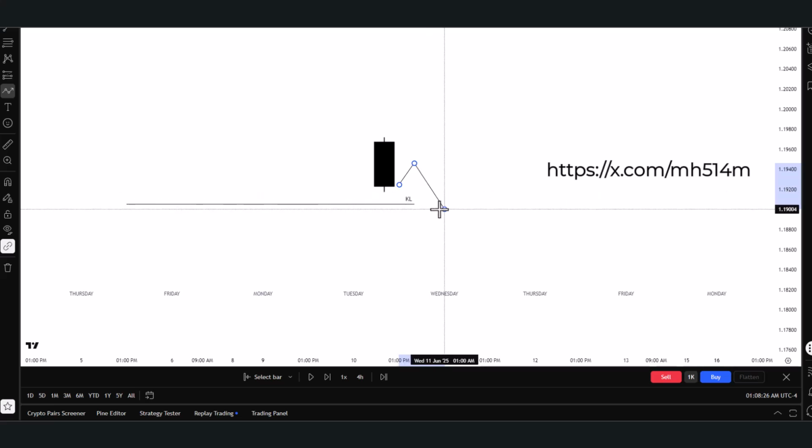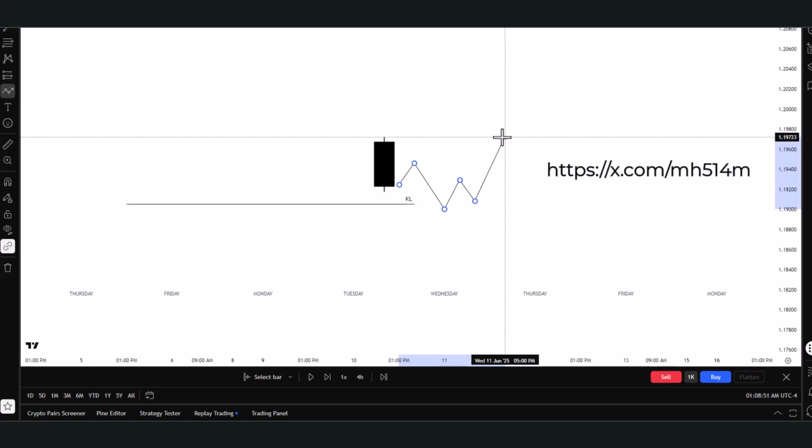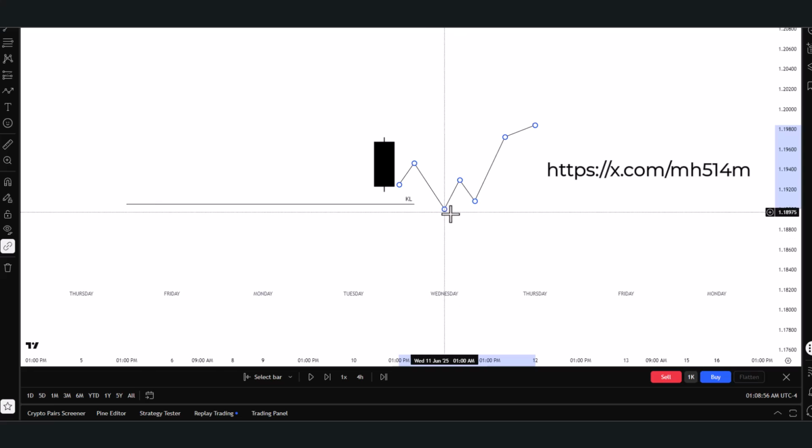Then on M15 it will create a CISD. If a CISD occurred within a kill zone hour, then we will look for buy. Once a CISD occurred, that will create an order block and we will enter a trade on our order block and we will target our CRH. SL will be below this candle.